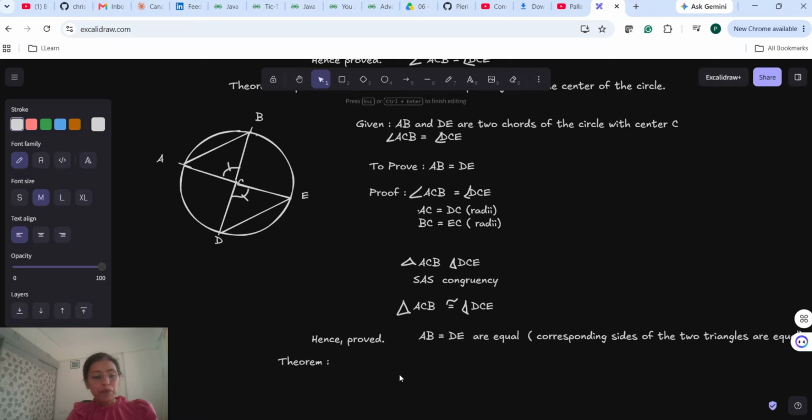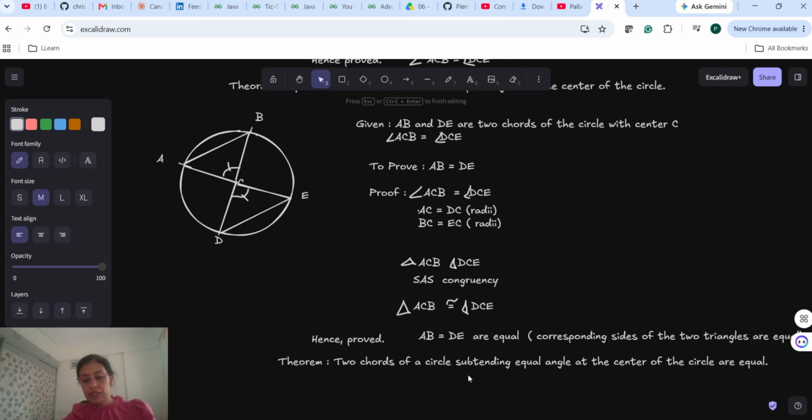The theorem is generic, so I'll write in the generic form: two chords of a circle subtending equal angle at the center of the circle are equal, right? Two chords AB and DE are subtending equal angle at the center. The angle ACB is equal to the angle DCE. So this leads to the proof that AB is equal to DE.